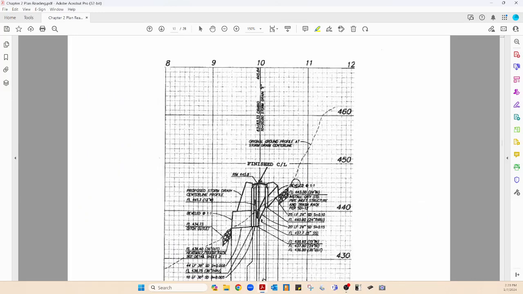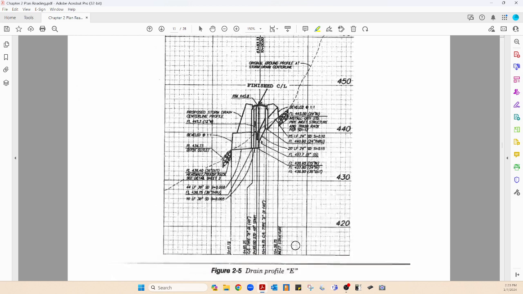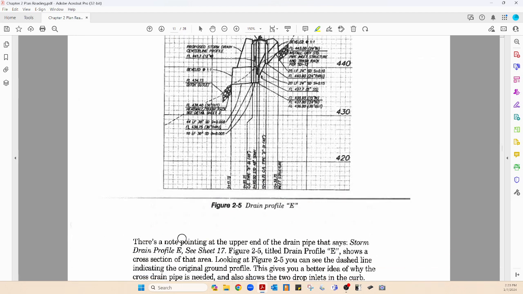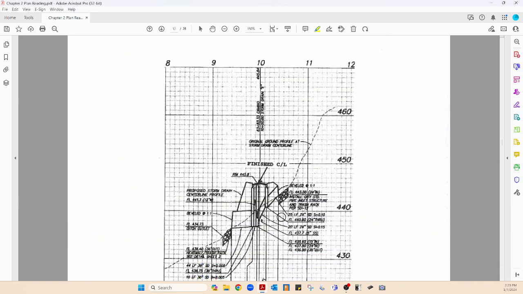It's a little further, a little further. It's this guy right here. I don't have it exploded, so it'll be hard to read, but in your book, it's not too hard to read. So go through this and read. There's a note pointing at the upper end of the drain pipe that says storm drain profile E. What is it pointing to? I don't see an arrow.